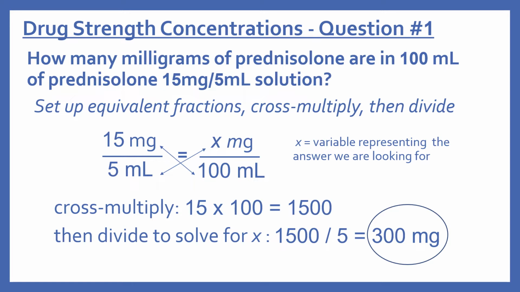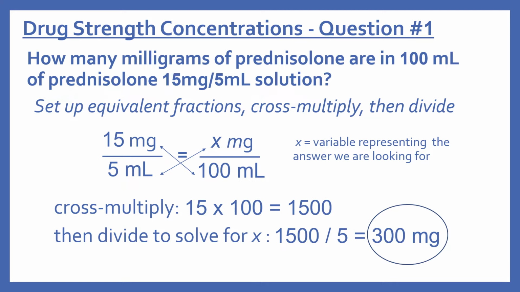Next, we cross multiply: 15 milligrams times 100 milliliters equals 1500. Then we divide to solve for X: 1500 divided by 5 equals 300. So 300 milligrams are in 100 milliliters of prednisolone 15 milligram per 5 ml solution.